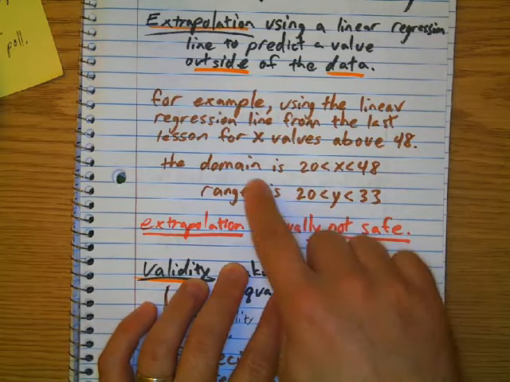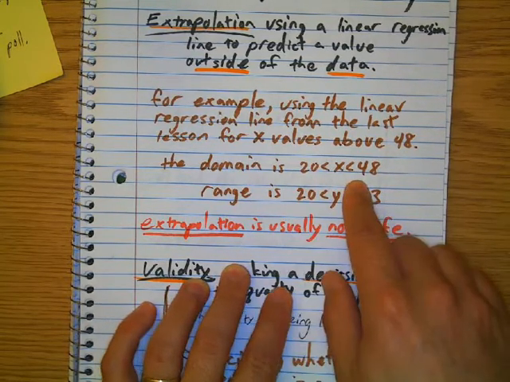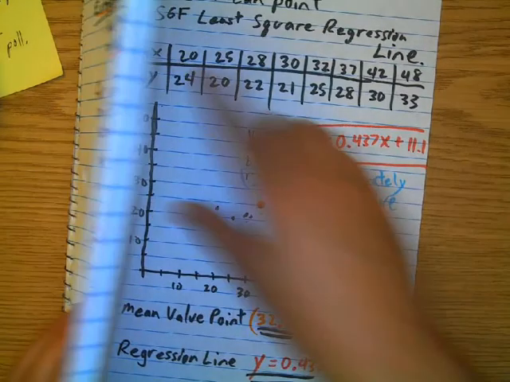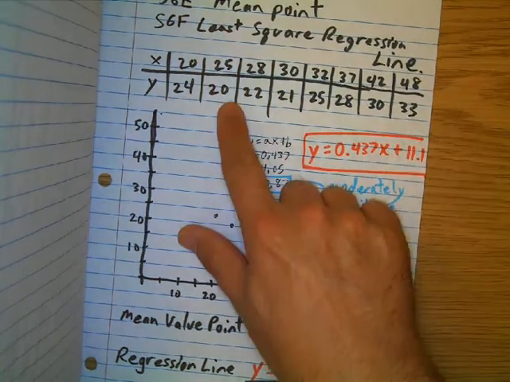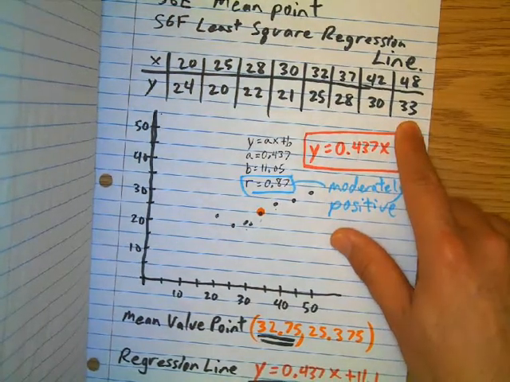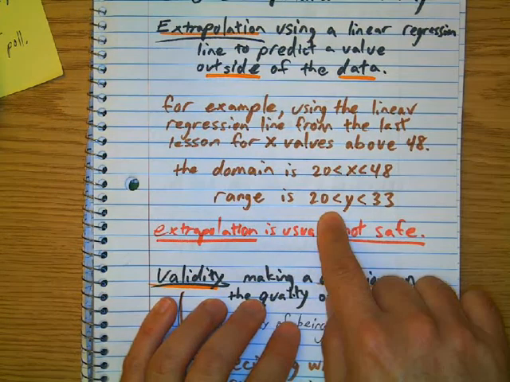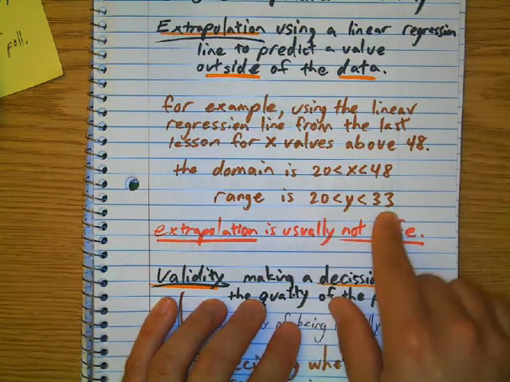So my domain for this data is between 20 and 48 for the x values. Now the range, if you look at the lowest y value is 20, the highest y value is 33. So the appropriate range is 20 to 33.